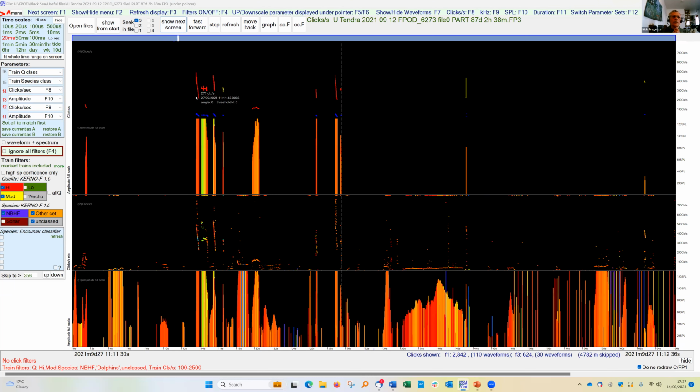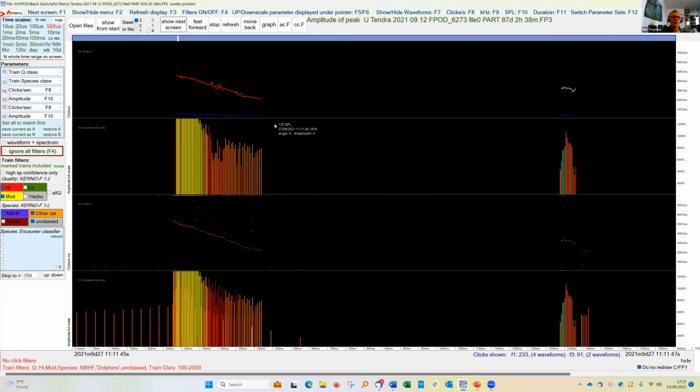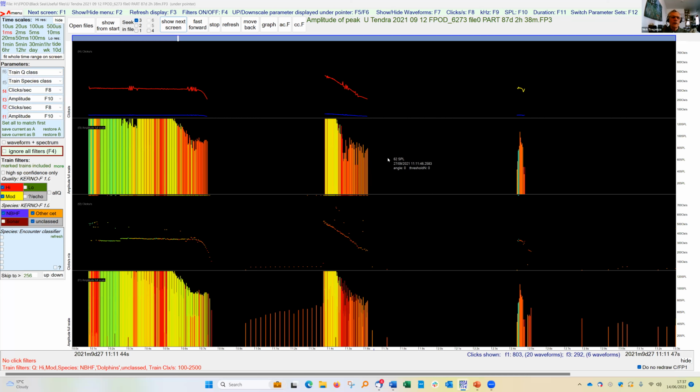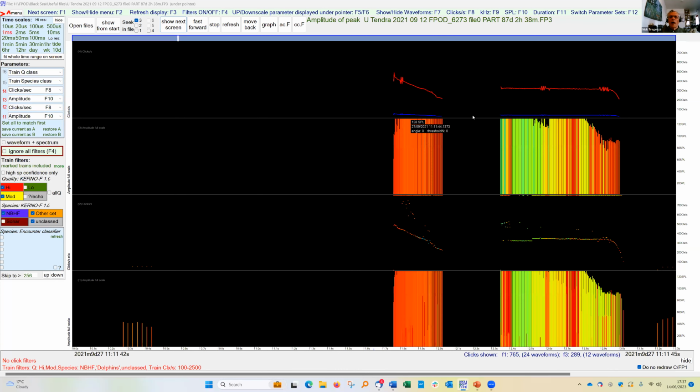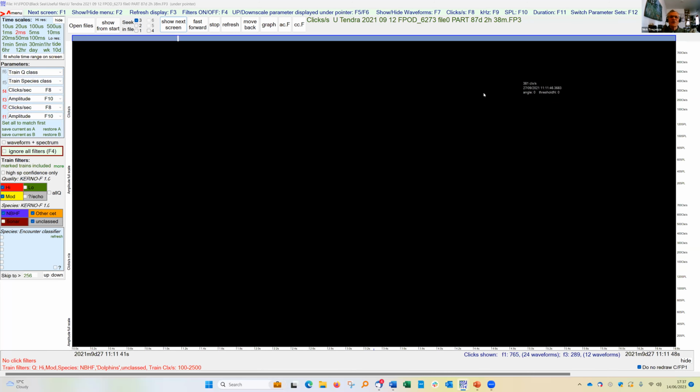So these things here, they are repeated, and they don't fit with click buzzes, because this was the bit of the buzz that we never saw, the bit where it's coming down off the high slope. That's a pretty remarkable thing. That's not really like a feeding buzz either, is it?